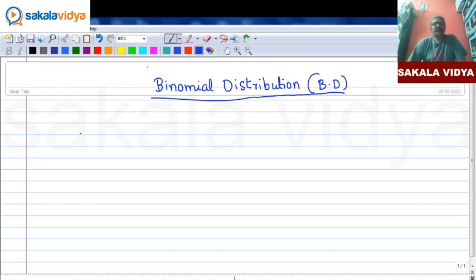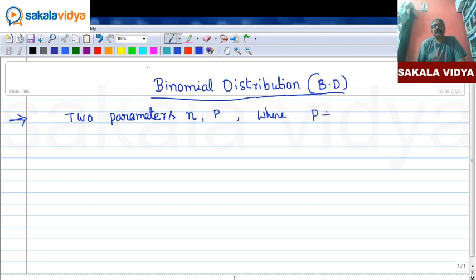Binomial distribution is also a random variable, a discrete random variable, but it follows some properties. In binomial distribution we have two parameters, generally called parameters of a binomial distribution, n comma p, where p plus q is equal to 1. p stands for probability of success, q stands for probability of failure.